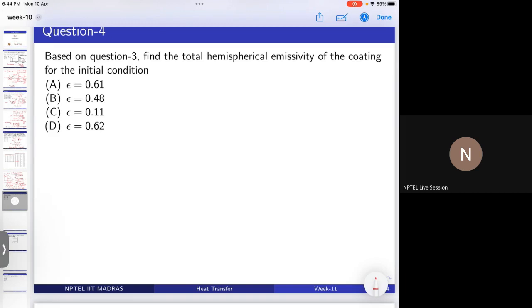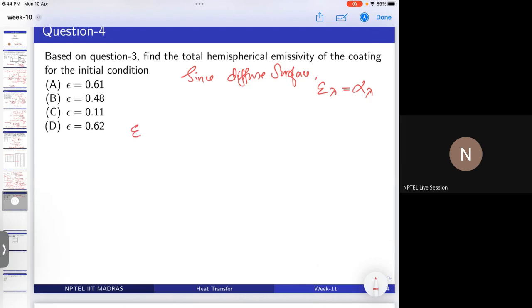Since the surface is diffuse, the monochromatic emissivity epsilon lambda will be equal to the monochromatic absorptivity alpha lambda.